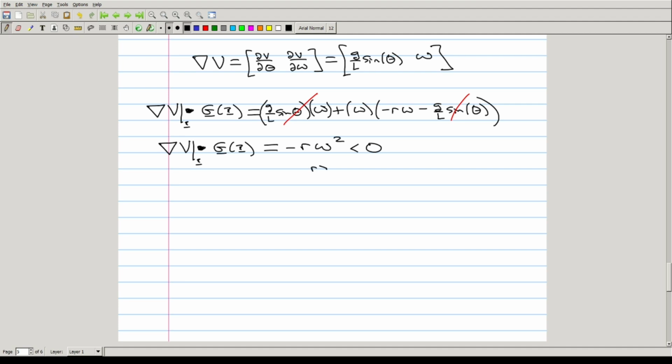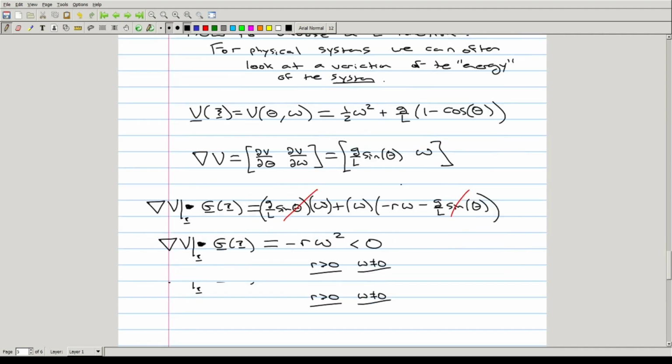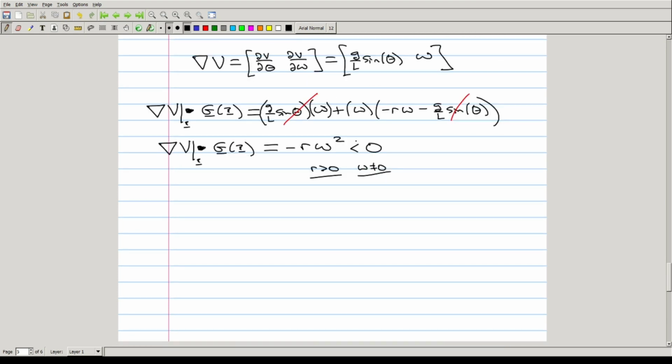R is a positive constant, and as long as omega is non-zero, this is strictly less than 0. But this will always be less than or equal to 0.